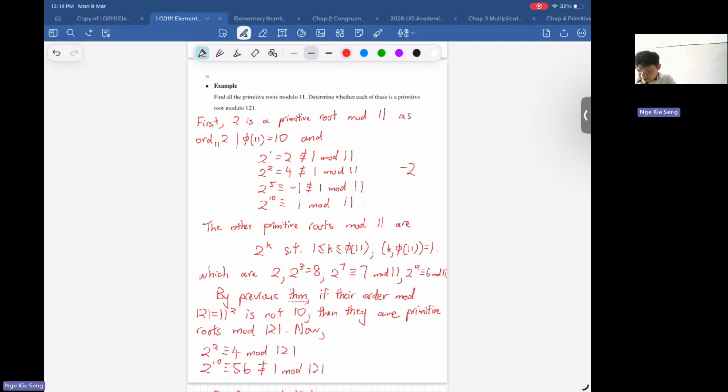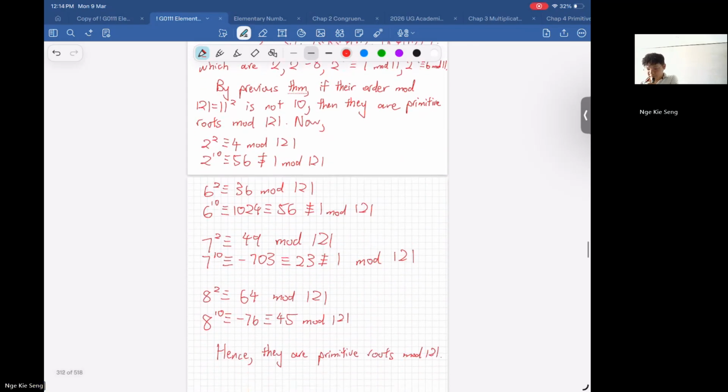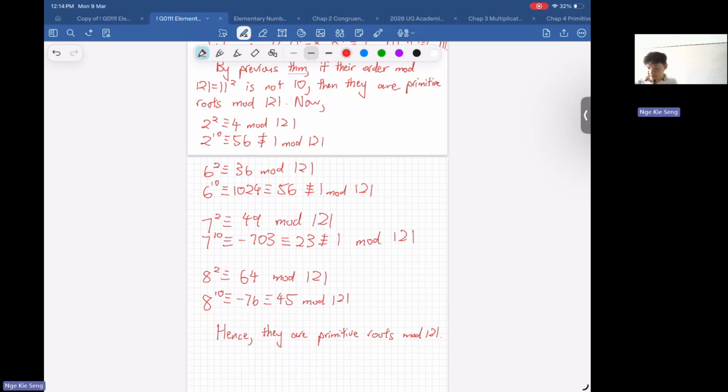So by the previous theorem, if their order mod 11 squared is not 10, then they are primitive roots. You can check that 2, 6, 7 to the power 10 are not 1 mod 121, and 8 to the 10 is also not 1 mod 121. So these are all primitive roots mod 121. Okay, follow this?